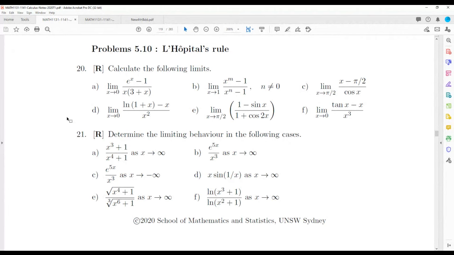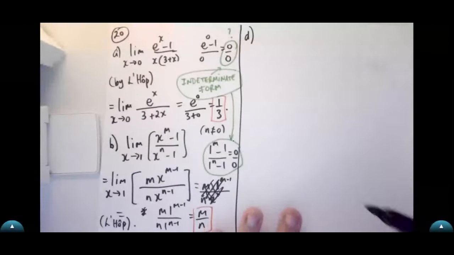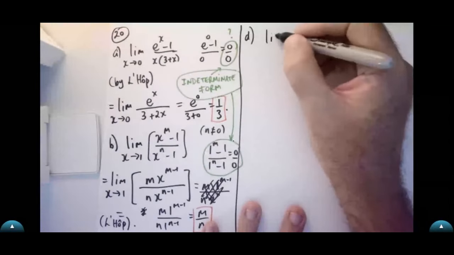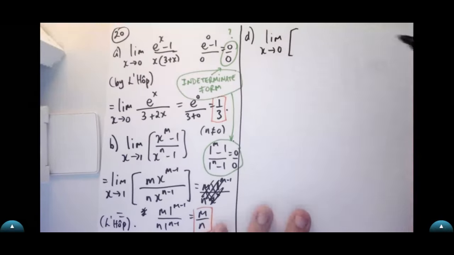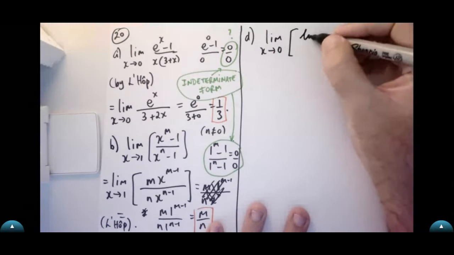So let's check that we actually have an indeterminate form, and then we can see if we can apply L'Hopital's rule. Okay, so in my document camera, I would write something like this. So we've got the limit of this thing.